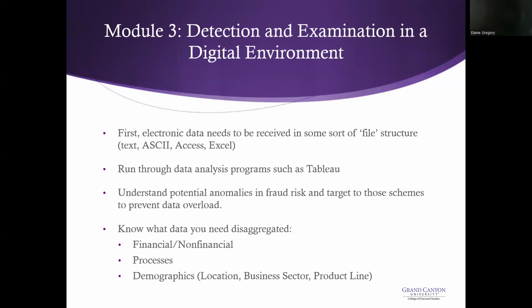Now, as I said, you kind of have to think like an IT fraudster. So you have to understand that there are some potential anomalies within those data fields, and take that into consideration. You also have to think about what potential scheme was done.